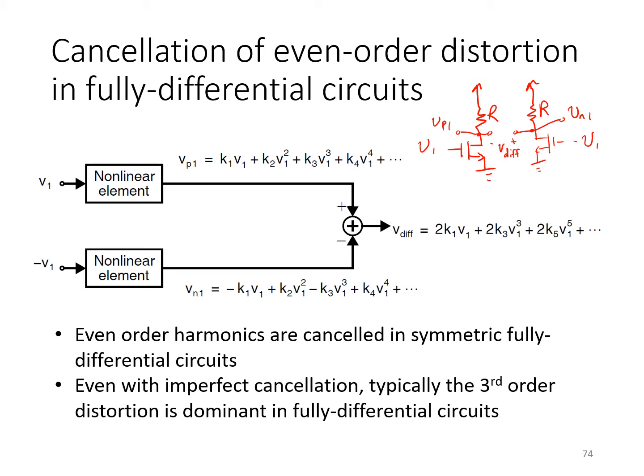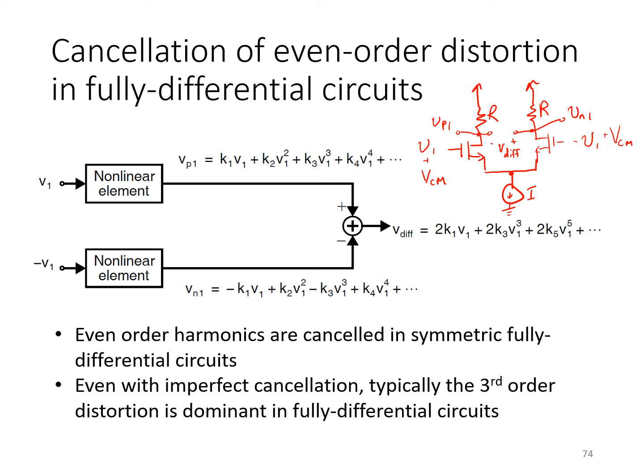Now, a common example of this that you've already seen is, of course, the simple differential pair with the output taken differentially. In that case, we just use a tail current to provide some common mode rejection. But otherwise, the half circuit looks just like two common source amplifiers. And of course, we've always got to apply a DC bias common mode voltage to both half circuits to keep the transistors operating in active mode.